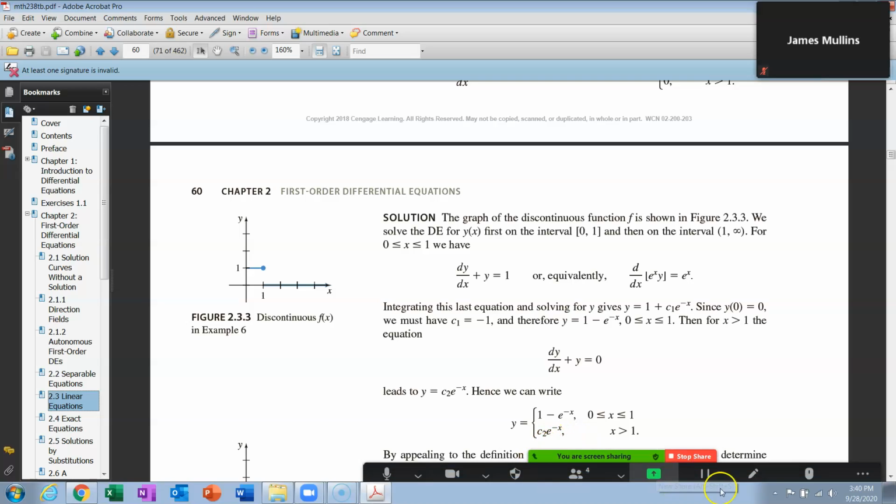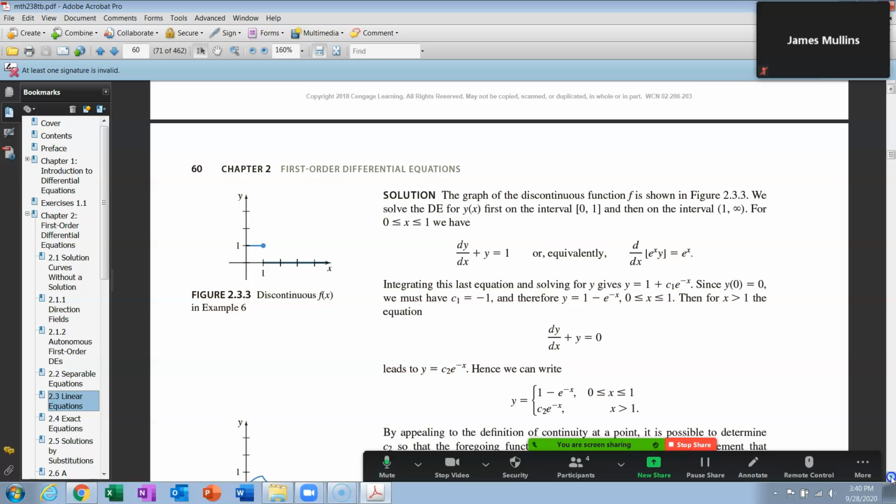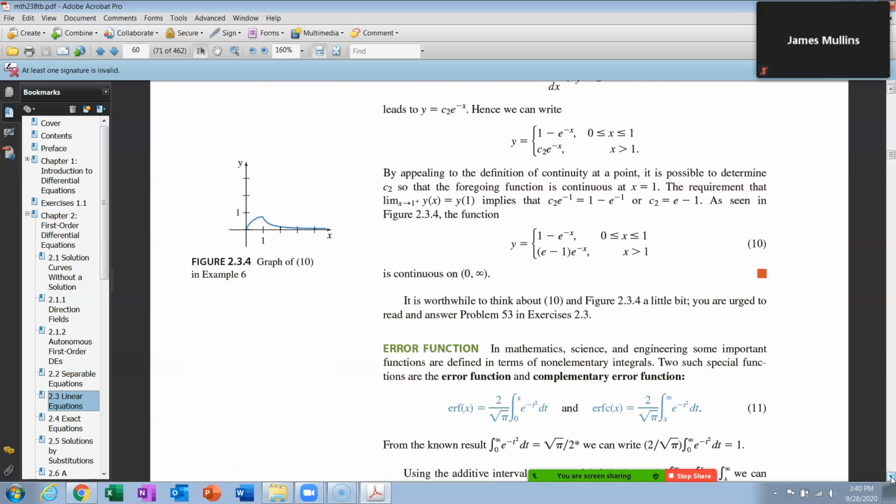Now, that's what I was saying. You appeal to, and we lost somebody. No, yeah, we lost a couple people, it looks like. Appeal to continuity at the point. It is possible to determine c2 so that the foregoing equation is continuous at x equal 1. The requirement is the limit as x approaches 1 from the right must equal y of 1 from the left.